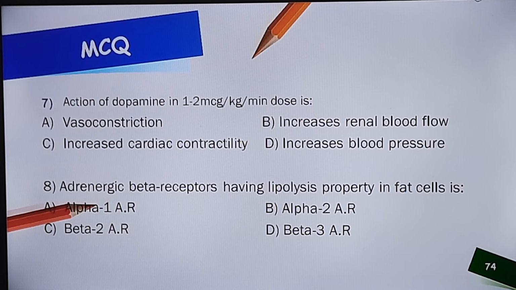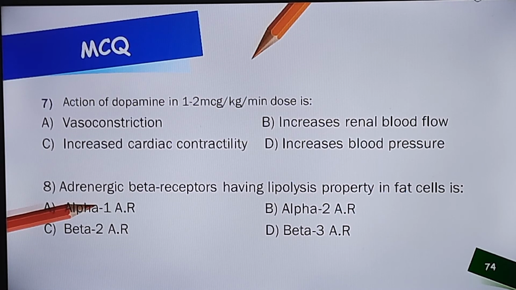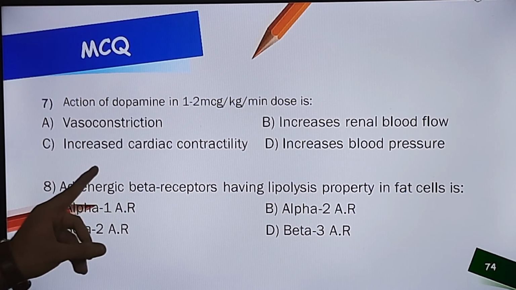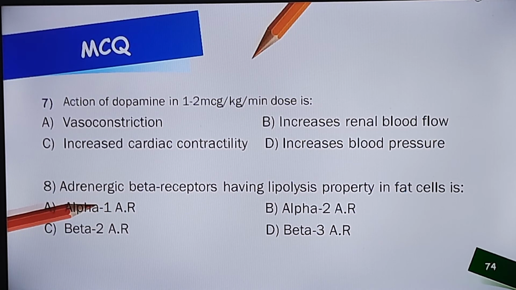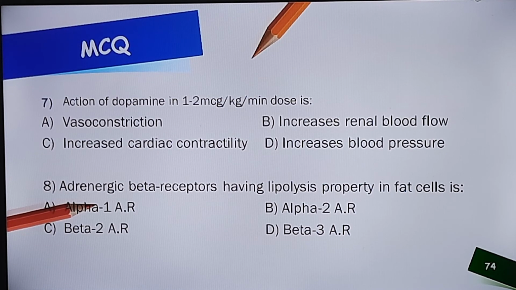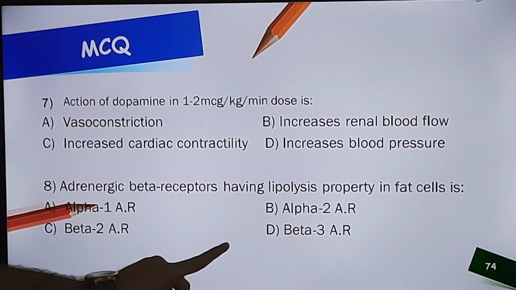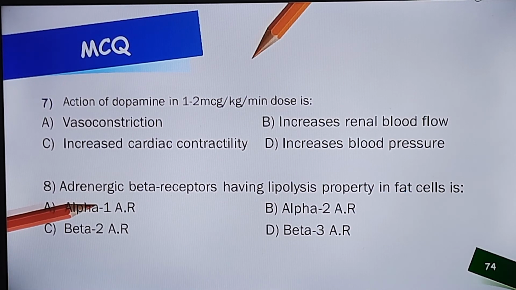Now let us move on to our next question. Our next question is adrenergic beta receptors having lipolysis property in the fat cell is. This is a direct question, and the option which is correct is option number D, that is beta 3 adrenergic receptor.